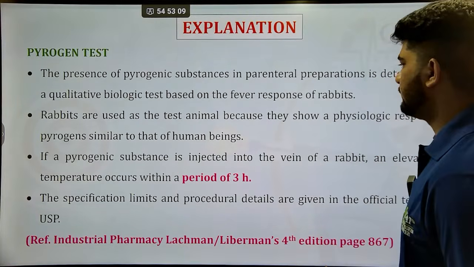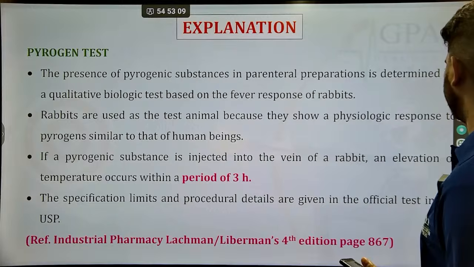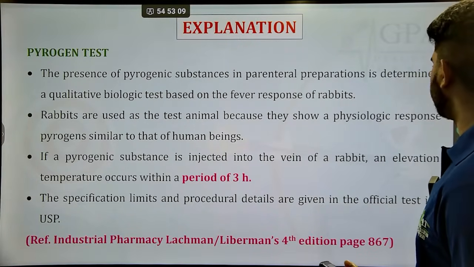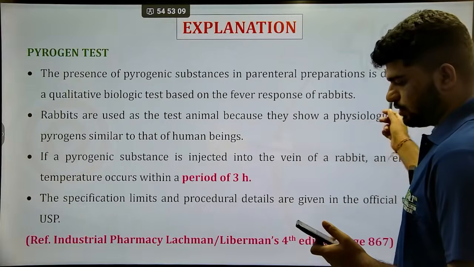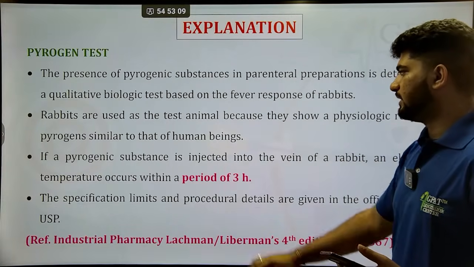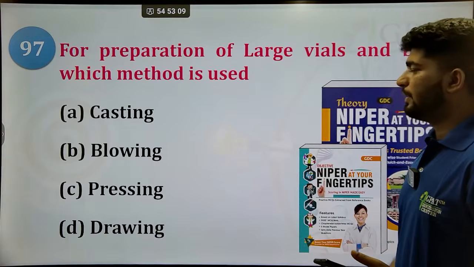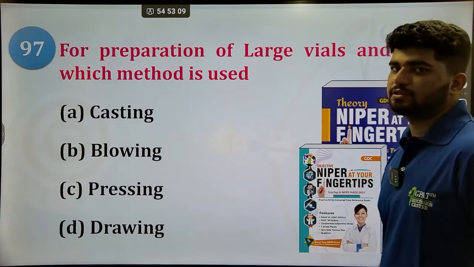They have not written the degree Celsius. 0.6 degree Celsius over here in the period of 3 hours. Okay, pyrogen test is also known as the rabbit test. Apart from that, we do have the LAL test as well.